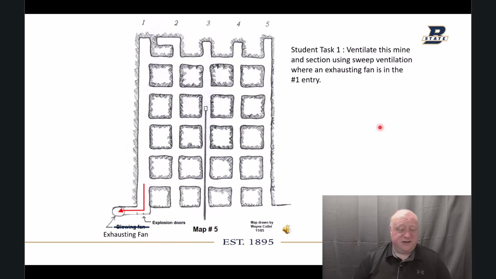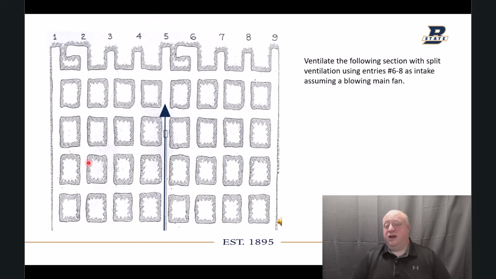So your first task is going to sort of be recreating this map. However, you have an exhausting fan in the number 1 entry. So you're going to have return on the left, intake on the right. So go through that, ventilate this section, and that's going to be task 1 prior to us getting into the 9-entry super section here.